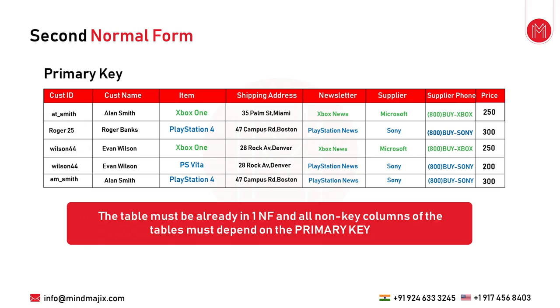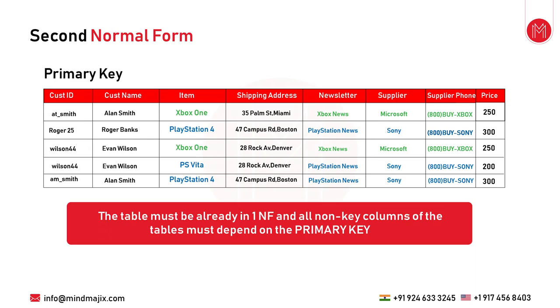Over here we can see the price is a non-key column. We cannot decide the price on the basis of a customer name. We cannot sell a product on the basis of a customer name, right? It's not the right way. You cannot sell a product at a different price for Alan, a different price for Roger. You cannot define the price in terms of the customer name.